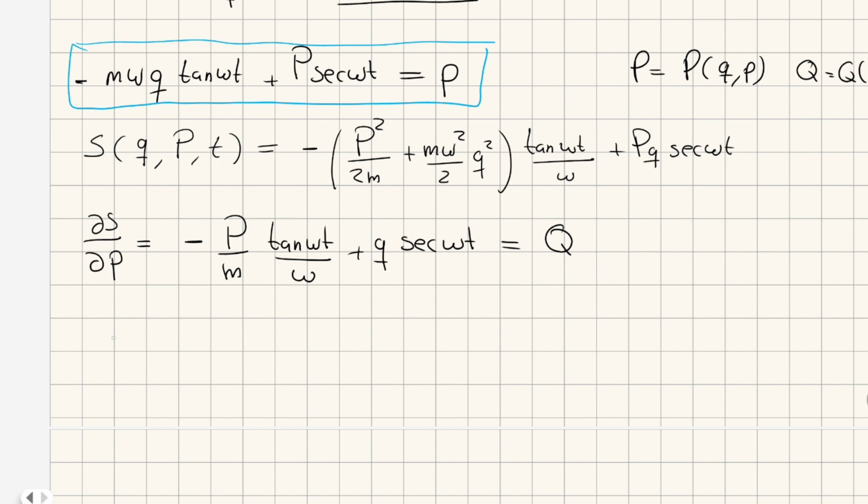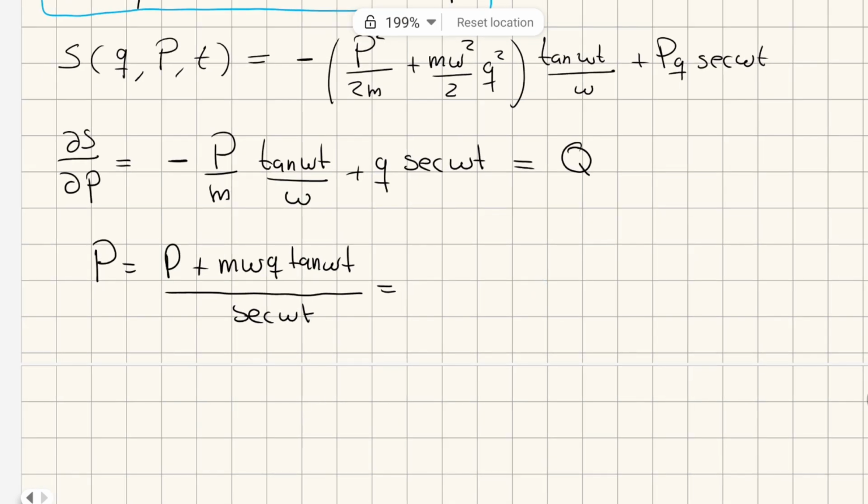We see easily that upper p is equal to p plus m omega q tangent omega t divided by secant omega t. So that means that this little p will be multiplying a cosine omega t, just p divided by secant. We know that this is p cosine.